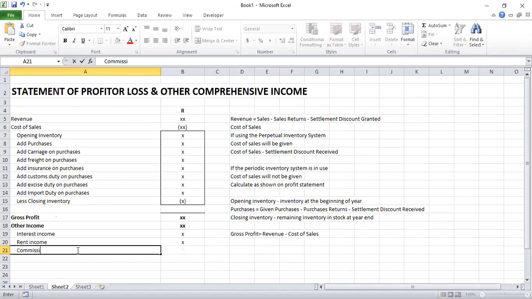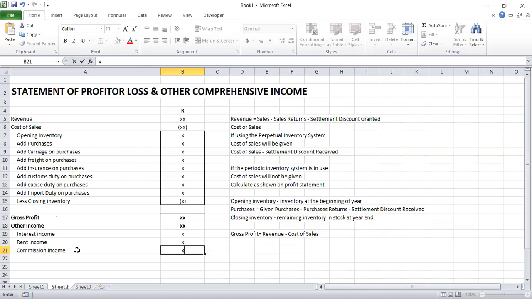Right. Then we can also have commission income. Most businesses sell goods on behalf of other businesses and they earn a commission. I think we have seen that shops like Shoprite sell airtime, they sell things like newspapers and stuff like that.